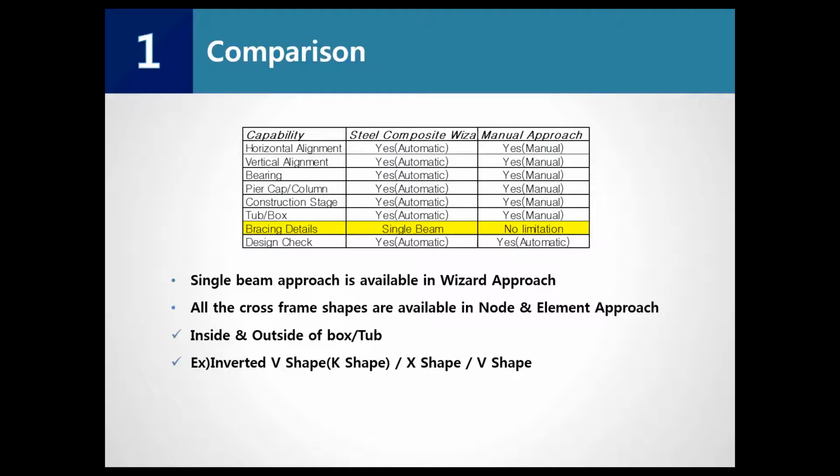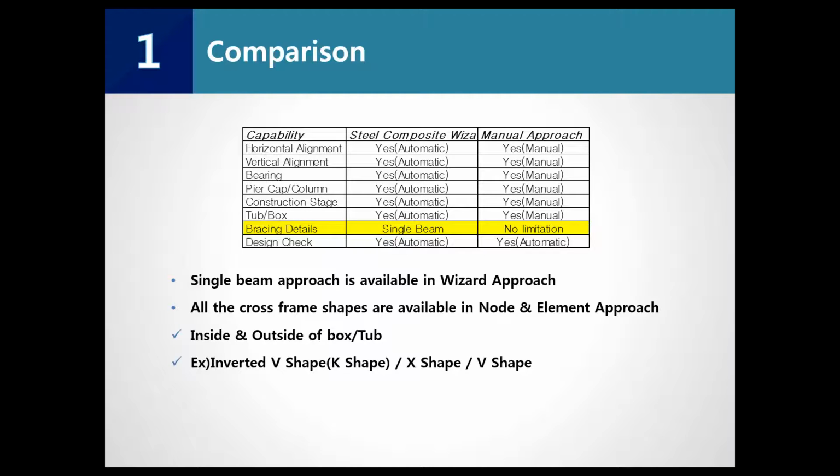The first topic is a comparison of the widget approach to the manual approach. Before you use Midas Civil for steel top design check or load rating, it will be helpful for you to understand the exact capability of the two different approaches.